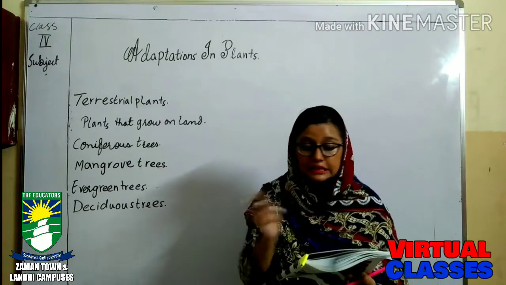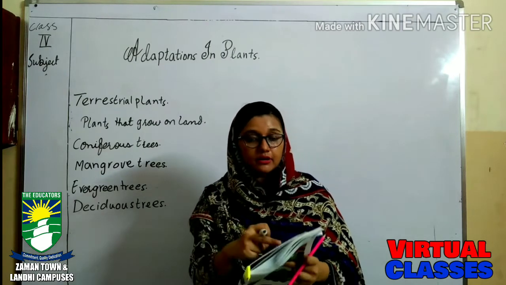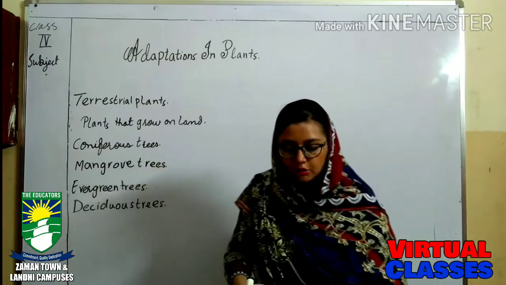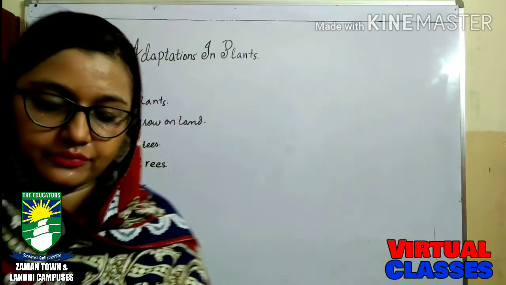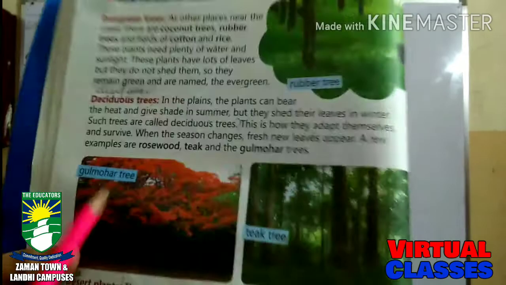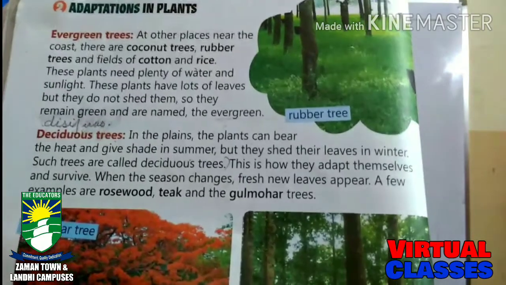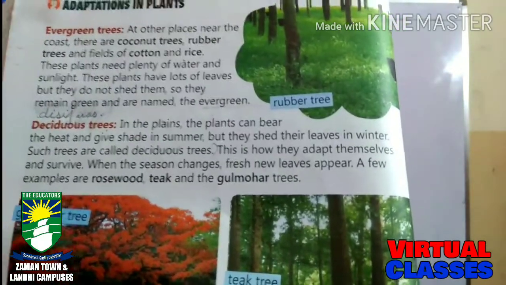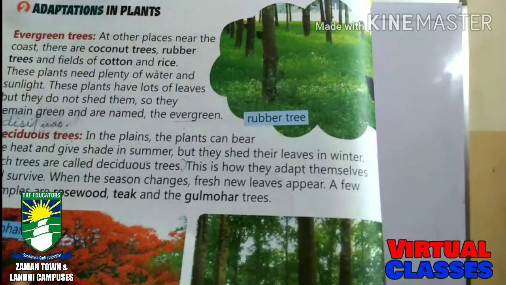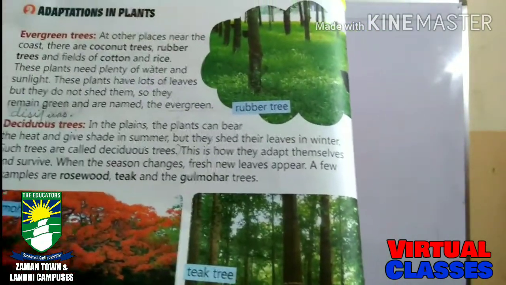Remember in evergreen, these plants have lots of leaves but they don't shed them, so they remain green and are named evergreen. Now come to the examples of deciduous. The first one is Gulmohar. When the season changes, fresh new leaves appear. They shed their leaves in winter, and this is how they adapt themselves and survive when the season changes. Both are examples of this heading.